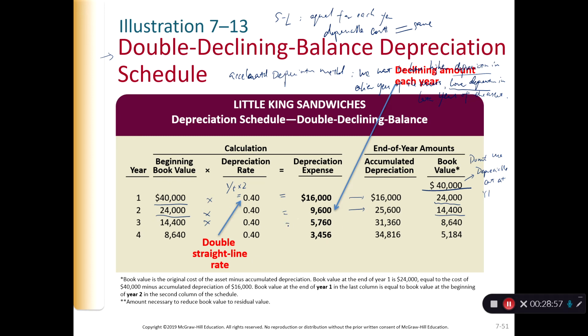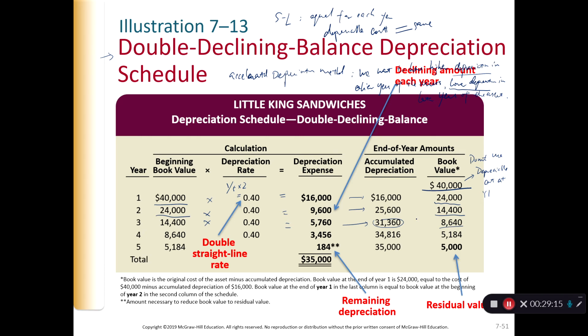So you get a depreciation expense for that year of 5,760, and the accumulated depreciation adds on from 25,600 to 31,360, and your book value decreases to 8,640.